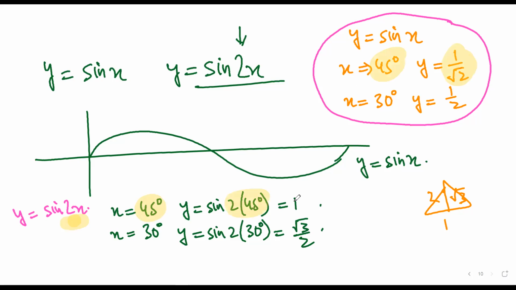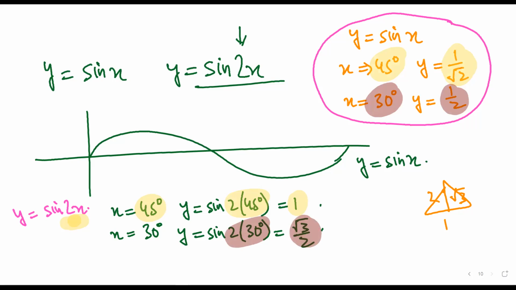Its value becomes 1. When x is equal to 30 degree, y is half. But in this function, when we are taking twice of x, when x is 30 degree, it is 60 degree. So the value of y becomes root 3 by 2.